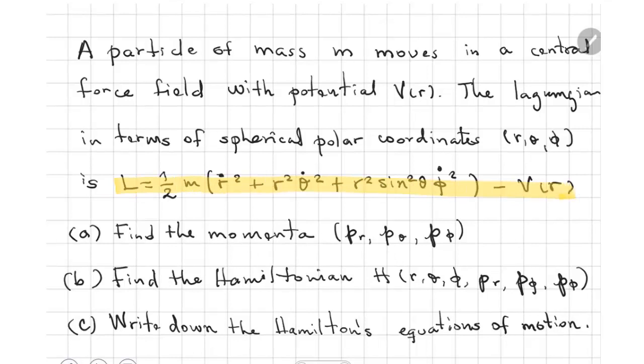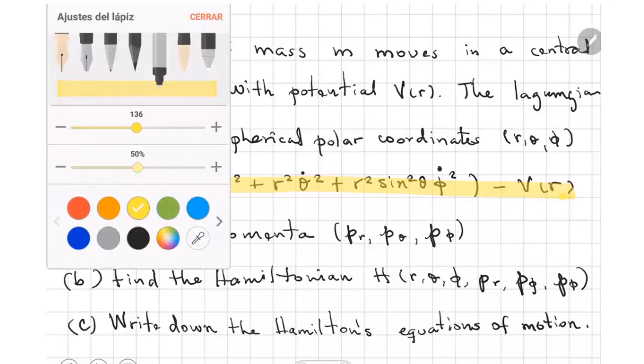Part A, find the momenta, we did already. Part B, find the Hamiltonian, we did. And part C, write down the Hamilton's equations of motion. So that's the part we are going to resolve.